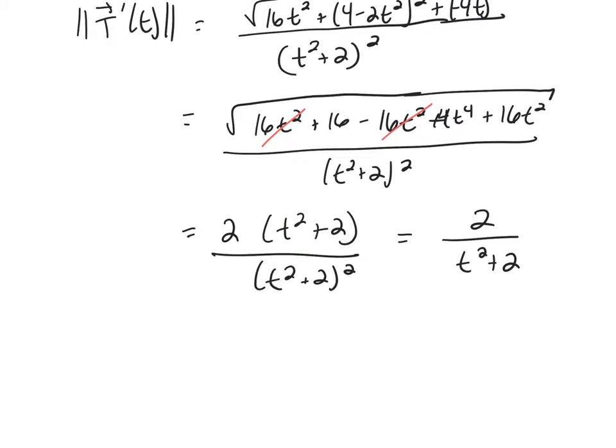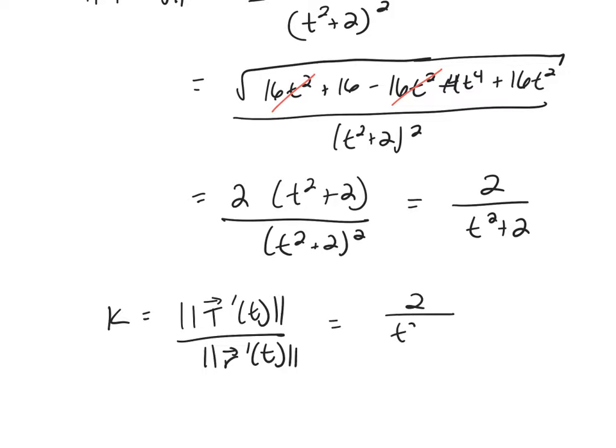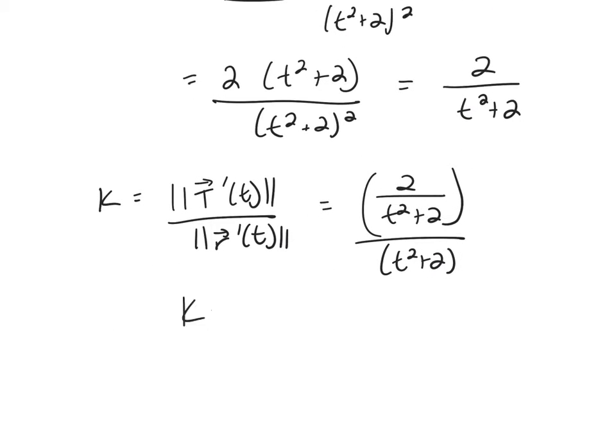So now I'm ready to find my curvature kappa. It's the magnitude of T prime, which we just found, over the magnitude of r prime. Well, the magnitude there divided by t squared plus 2. So kappa is going to be 2 over t squared plus 2 squared.